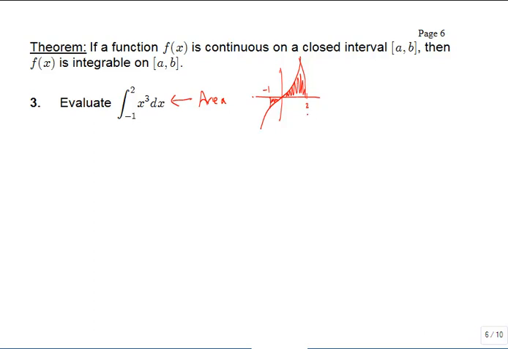And the only way we know how to find those kinds of areas so far is by using rectangles and by using the limit definition of the area.